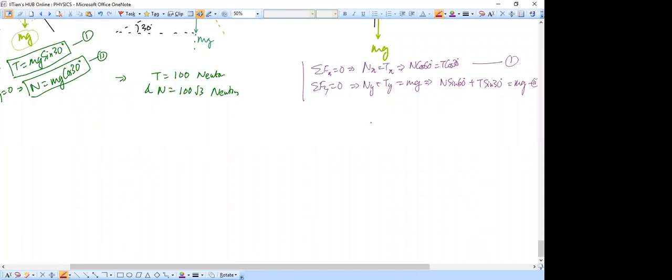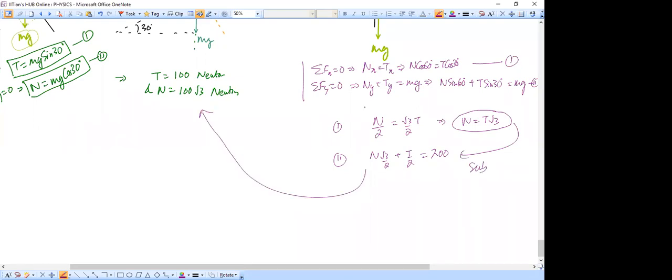Our first equation would be N by 2 equal to root 3 by 2 T. And our second equation would be this. Then we would substitute this over here, and substituting that would give us this result.